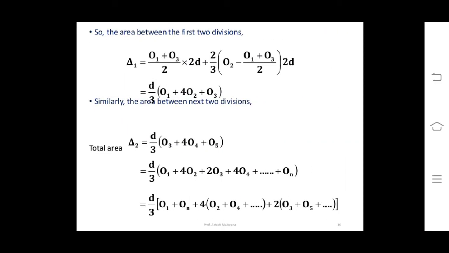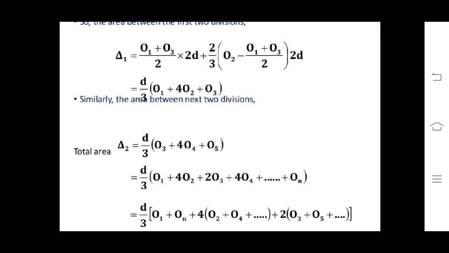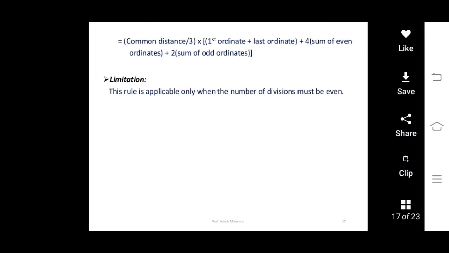So the area between the first two divisions can be calculated by the formula delta 1 is equal to D by 3 (O1 plus 4 times O2 plus O3). Similarly, the area between the next two divisions can be calculated by delta 2 is equal to D by 3 (O1 plus On plus 4 times (O2 plus O4) plus 2 times (O3 plus O5)), that is odd ordinates of the chainage.